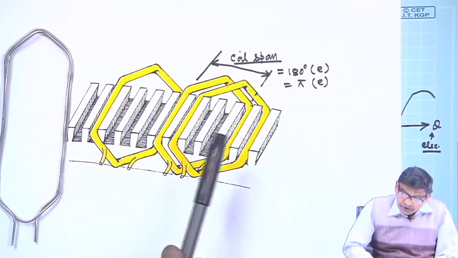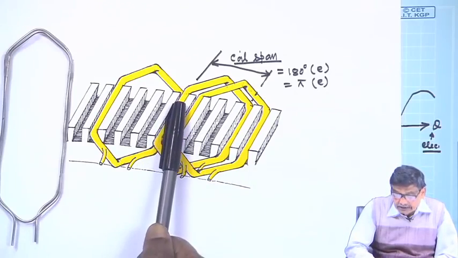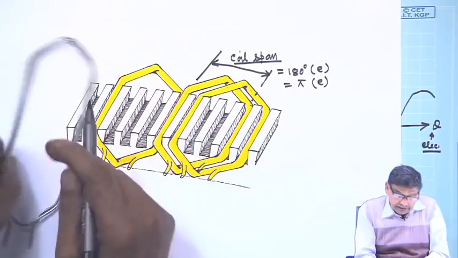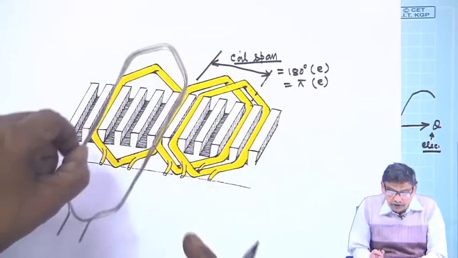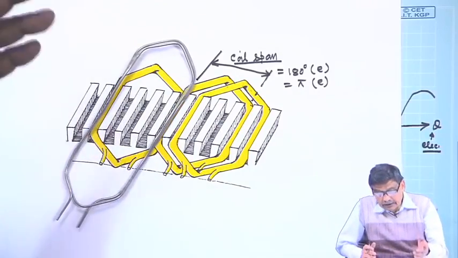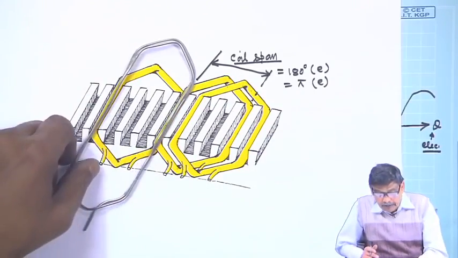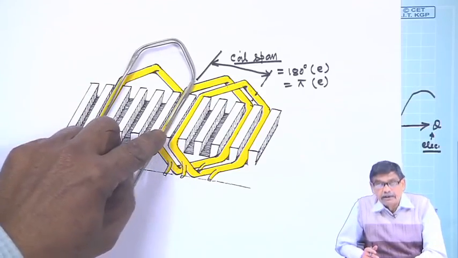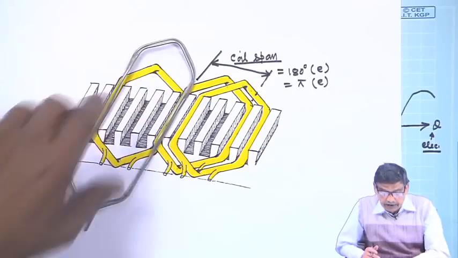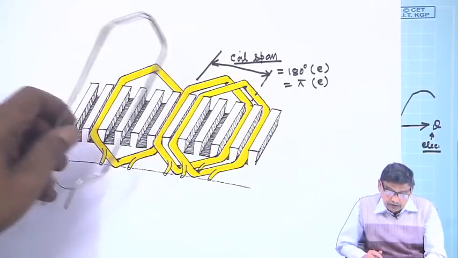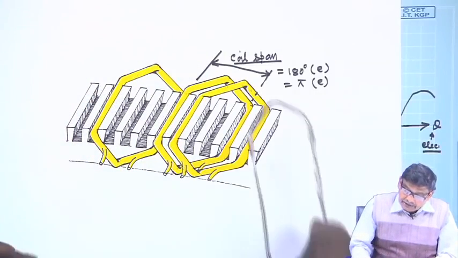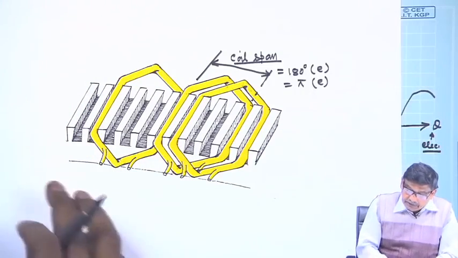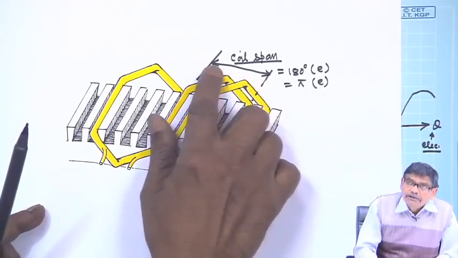Therefore, I ensure that this is one coil side, this is the other coil side. If one coil side is under the north pole center, then the other coil side, its return, should be under the center of the south pole, and this should be 180 degree electrical. What is the mechanical angle between these two?